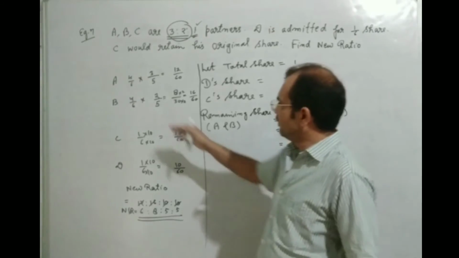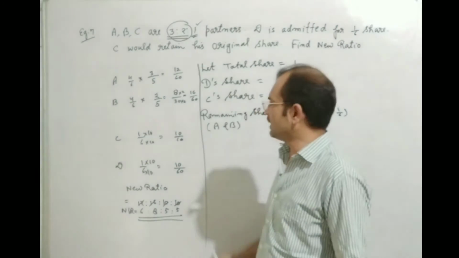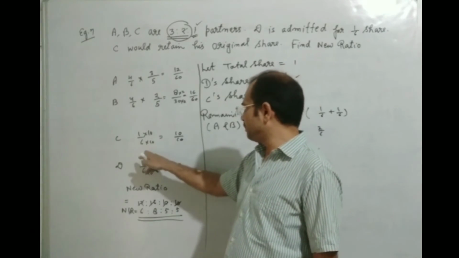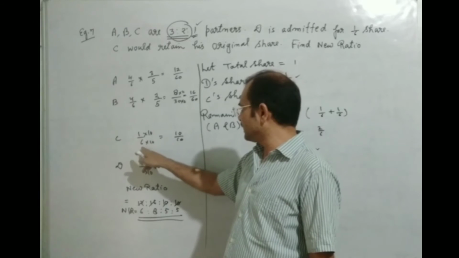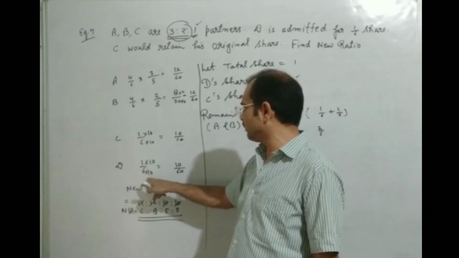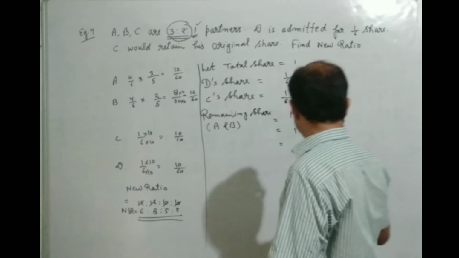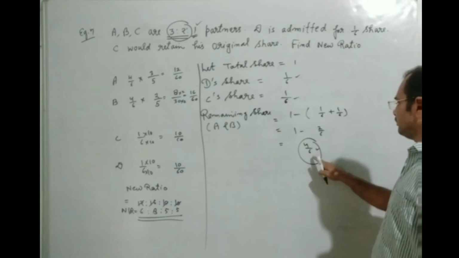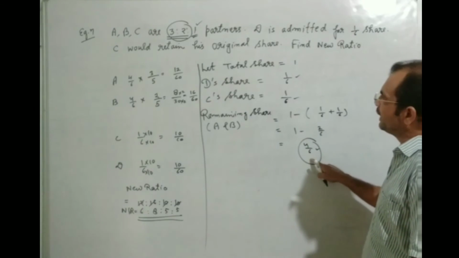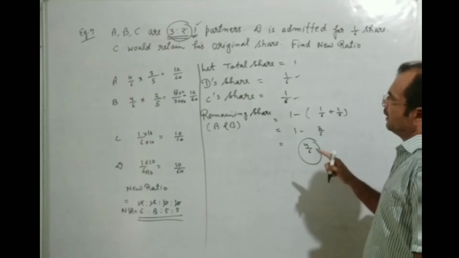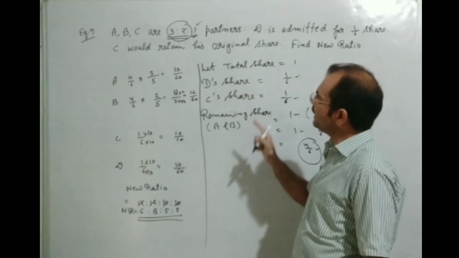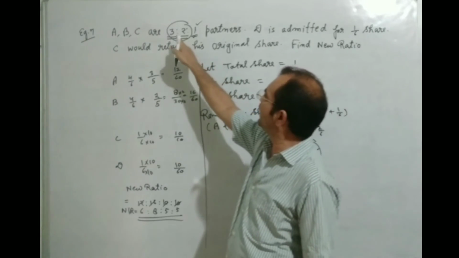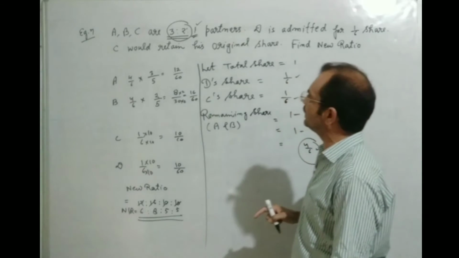After doing this, we will write here the names of the partners A, B, C, D. C's share is given 1 upon 6, D's share is given 1 upon 6. And the 4 upon 6 that we found for A and B will be distributed between A and B in the ratio of A and B. A and B's ratio is given in the question as 3:2.